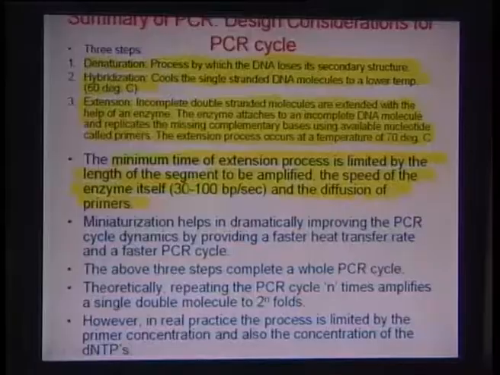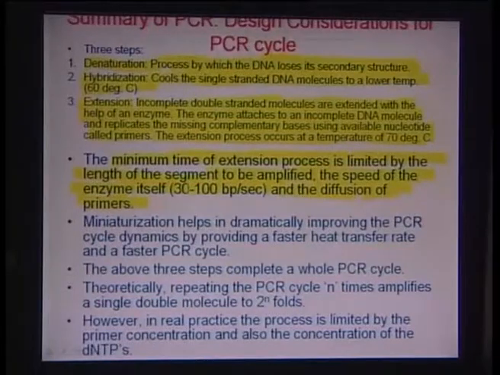So there are two aspects: one is the rate at which the enzyme sutures, and the other is the diffusion of primers and other moieties like the dNTPs, or the ionic transport across the solution which maintains a certain pH, and so on.